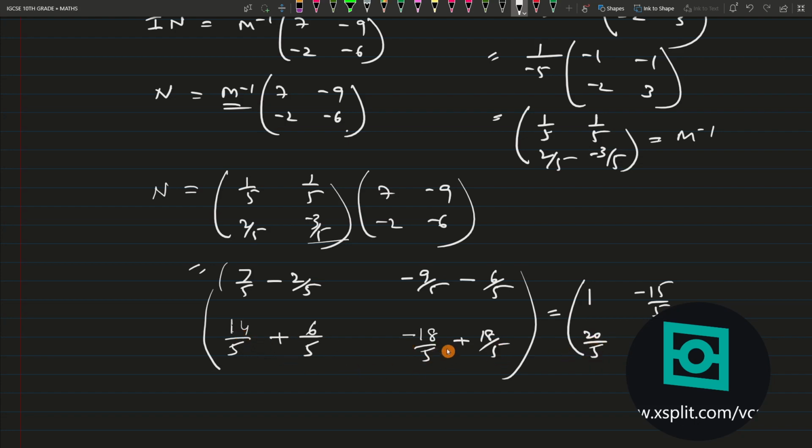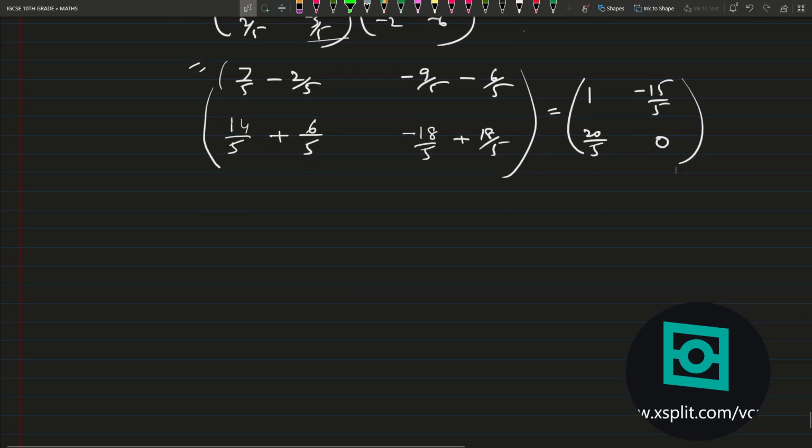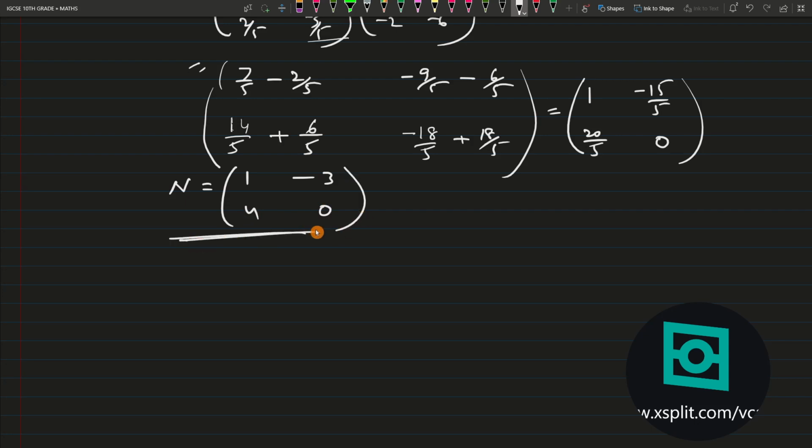And this will become minus 18 plus 18 is 0 upon 5, that is 0. So N is equal to 1, 15 upon 5 is 3 so minus 3, 20 upon 5 is 4 so 4, and then a 0. This has to be my answer for N.